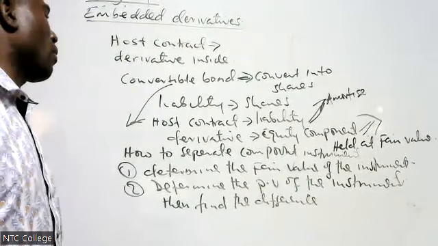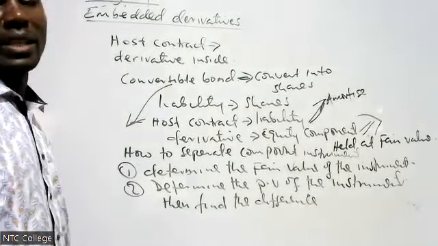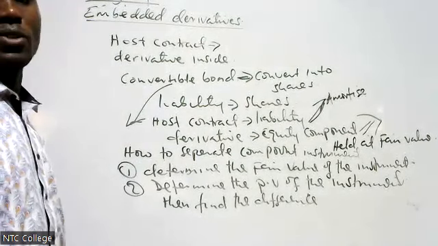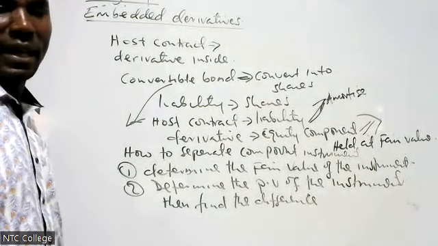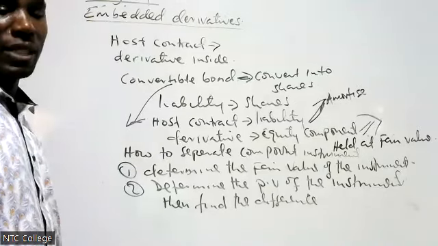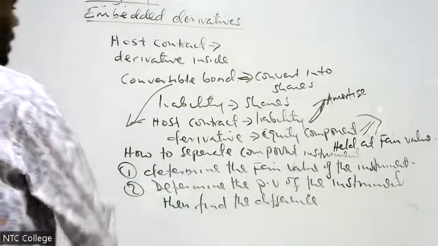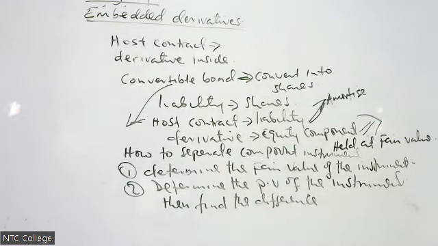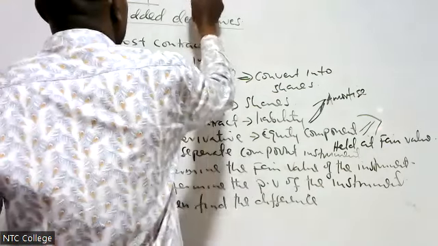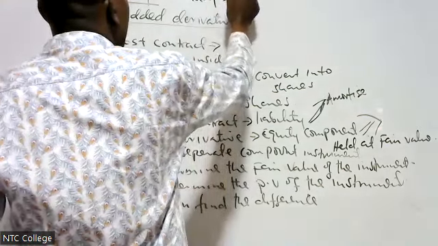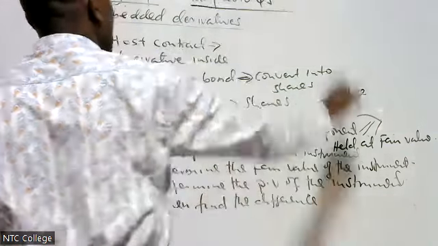Therefore, when you hear of a convertible bond under IFRS 9, just know that this is a compound financial instrument and I need to separate first before I account. Now, let's look at one example.